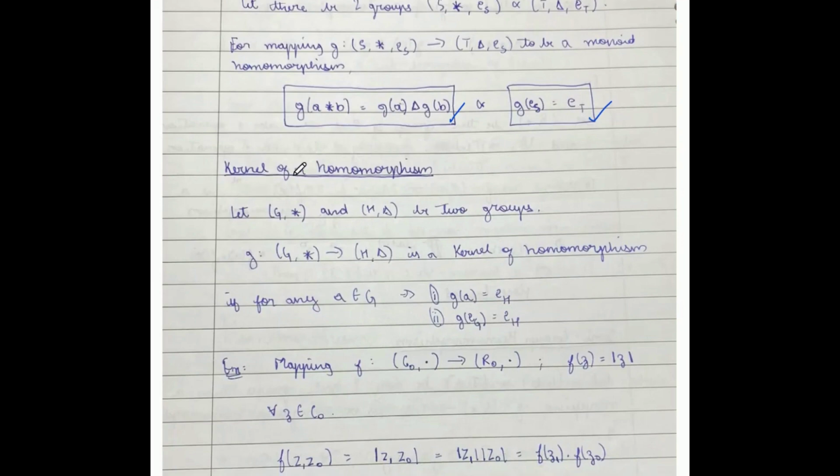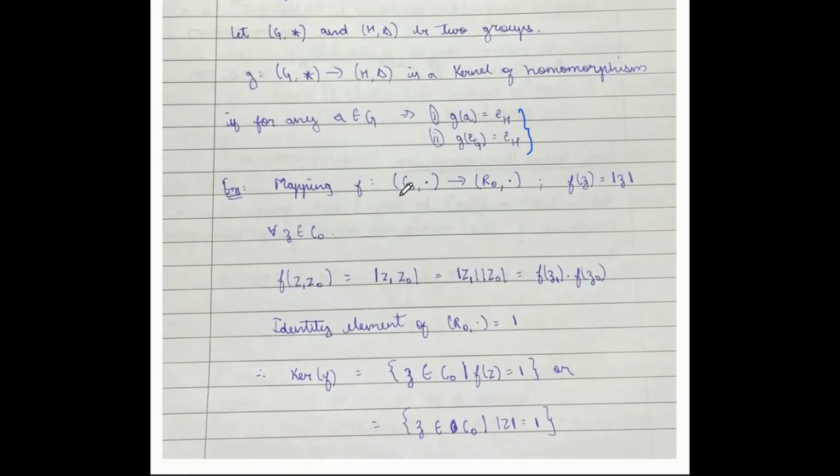Now we have kernel of a homomorphism. Basically the only property that a kernel has to fulfill is that g of a, for any a belonging to G, the mapping of that element a should give the identity element of H. I'll explain with the example.